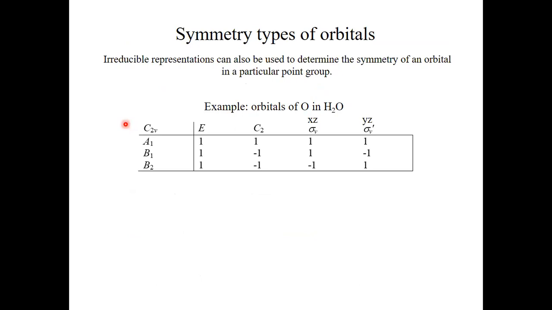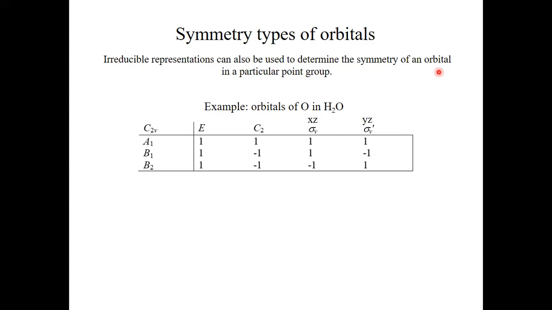Now the group theory is more powerful than just being able to say which coordinate has which symmetry type. It is more general. It can actually say what is the symmetry type of a mathematical function in a particular point group.